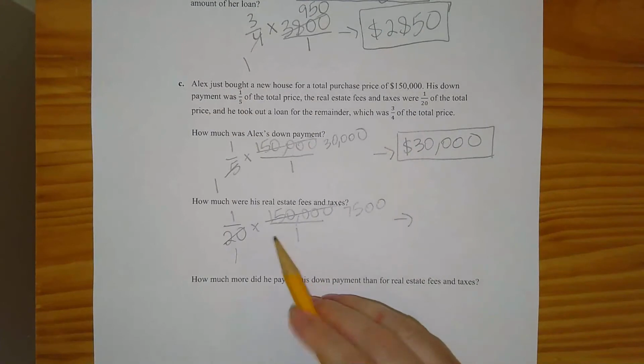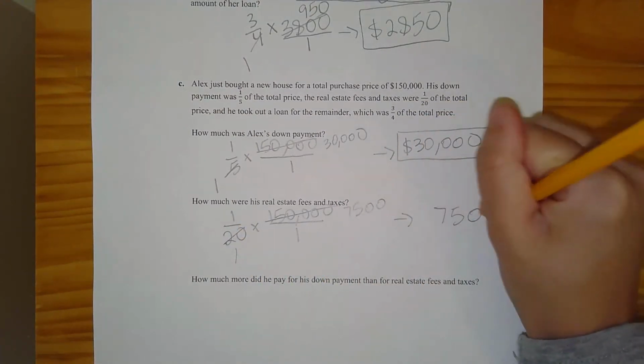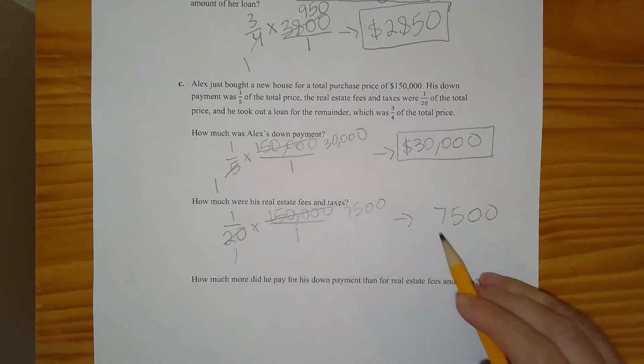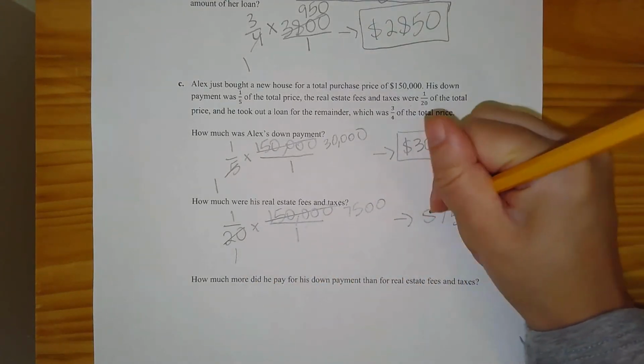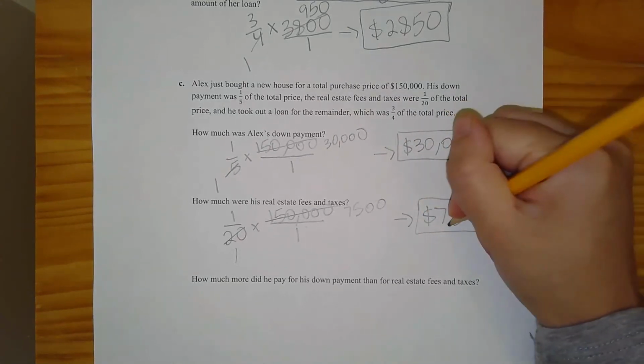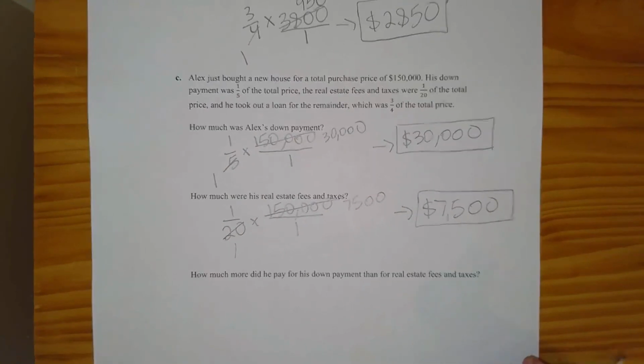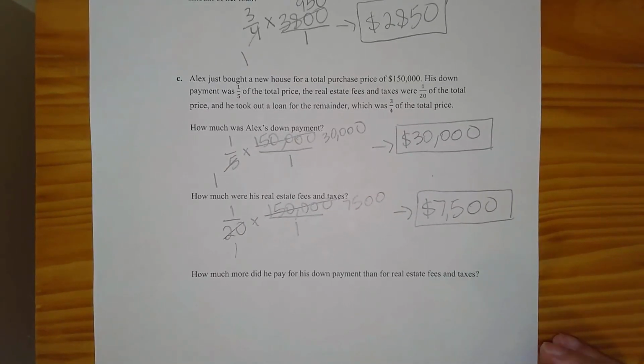So multiplying straight across, 1 times 7,500 is 7,500. 1 times 1 is 1, and if I divide by 1, his real estate fees and taxes were $7,500.